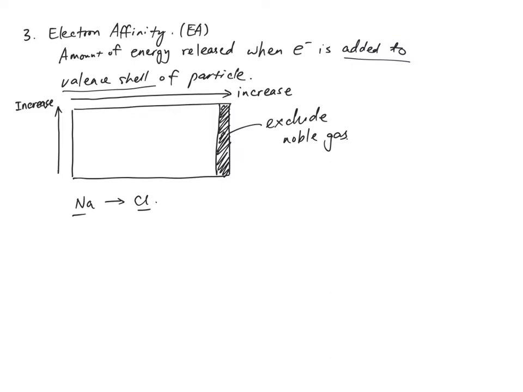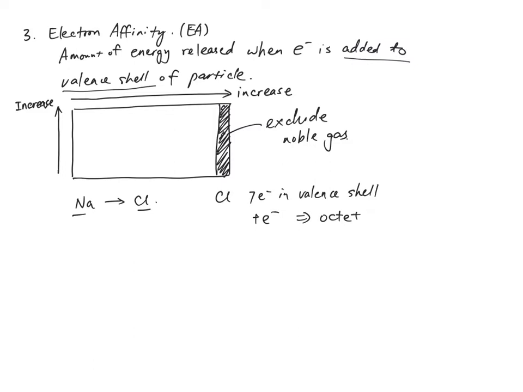For chlorine, this guy has 7 electrons in the valence shell. If you add 1, you get an octet. What do we know about octet? Octet is the promised land for all atoms. Everybody wants it.